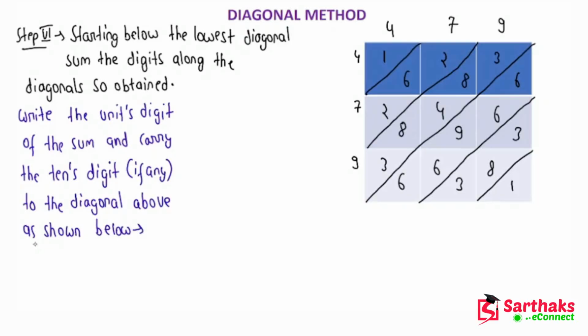So carry the tens digit if any to the diagonal above as shown below.